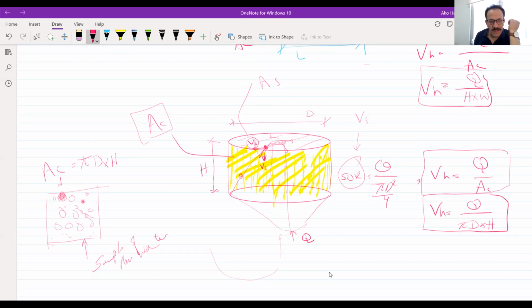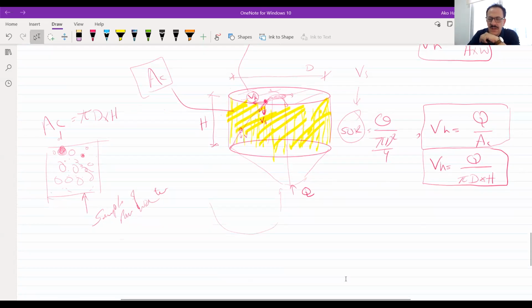Now, some of the particles have exactly the velocity equal to the Vs naught, the SOR. By the way, any particle can be settled, any solid material of a given diameter, and it will have a horizontal velocity.